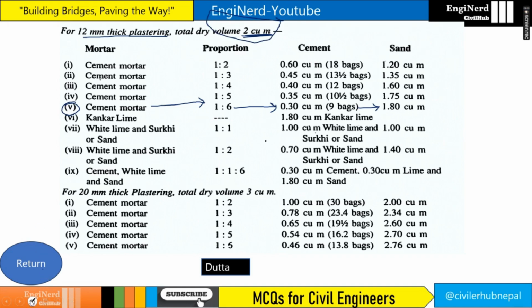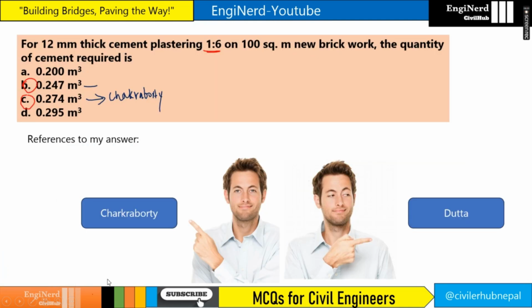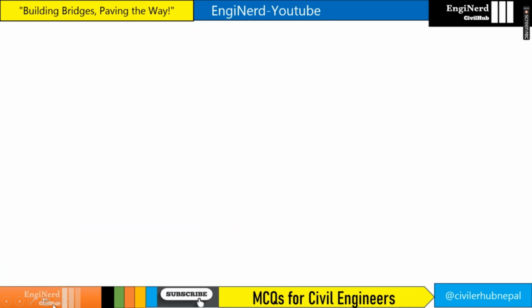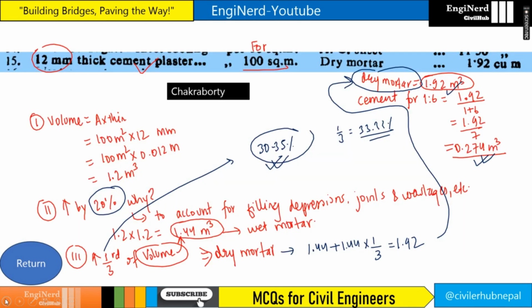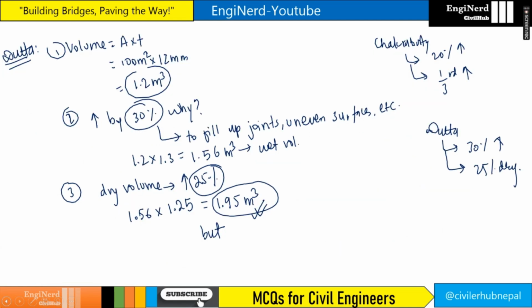How did he get 2 meter cube? He assumed this.